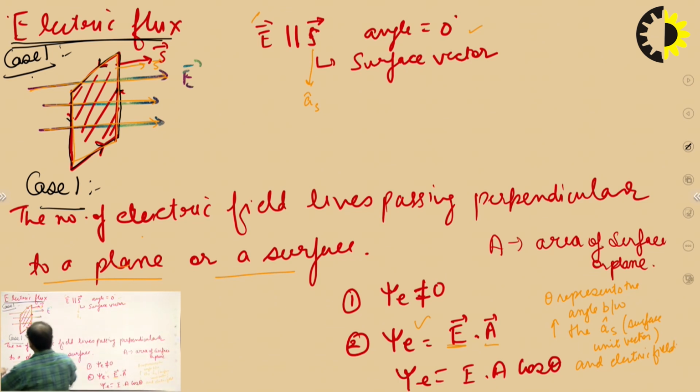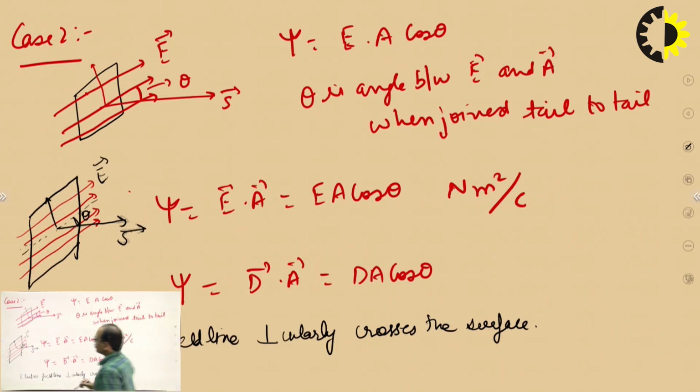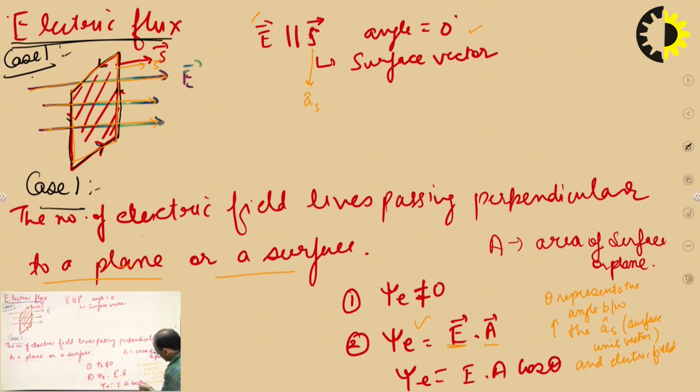Clear? So in that case, cos theta, both are parallel, theta equals 0 degrees, that comes out to be 1, so psi E comes out to be E into A.